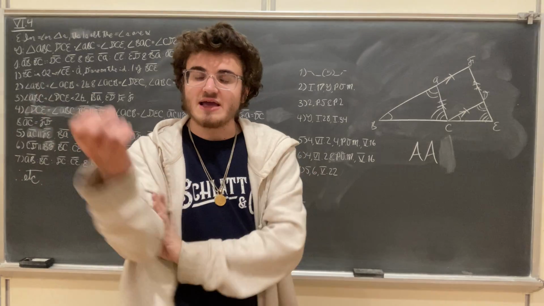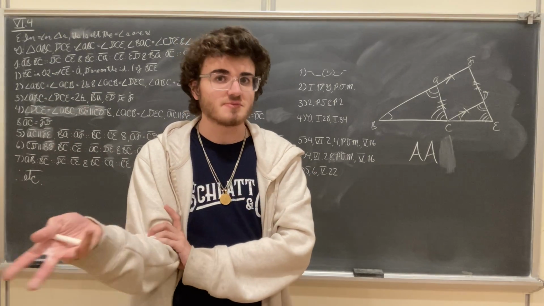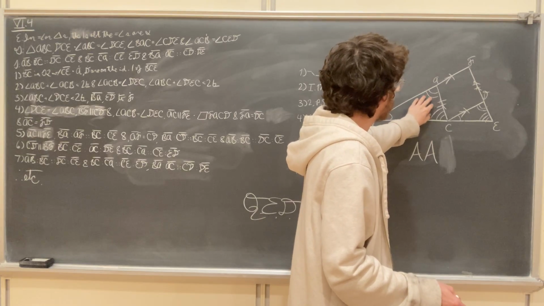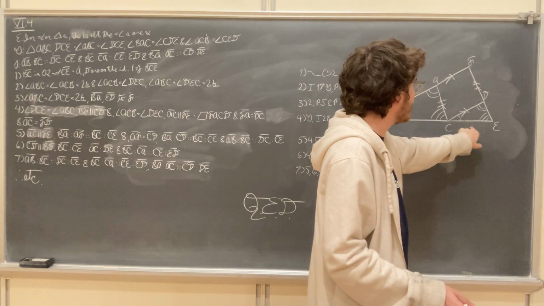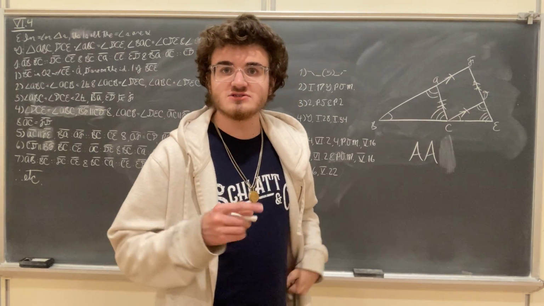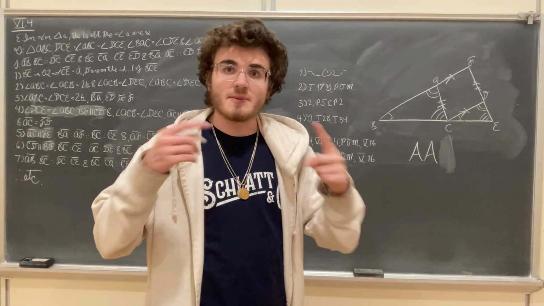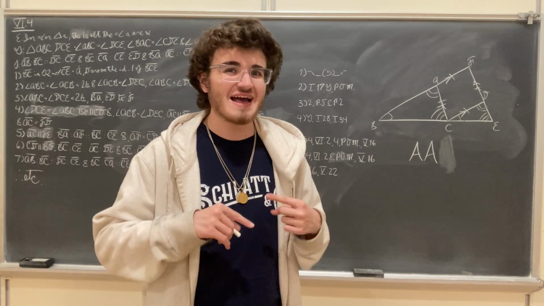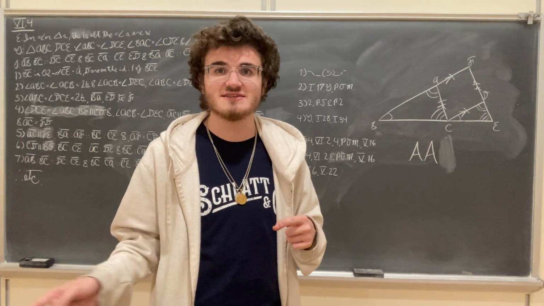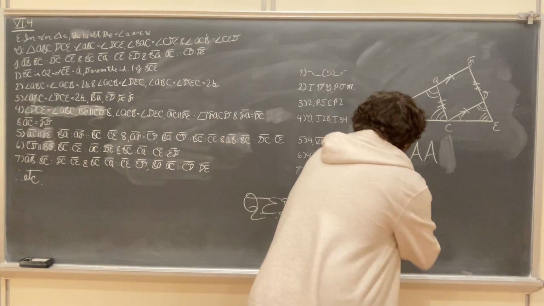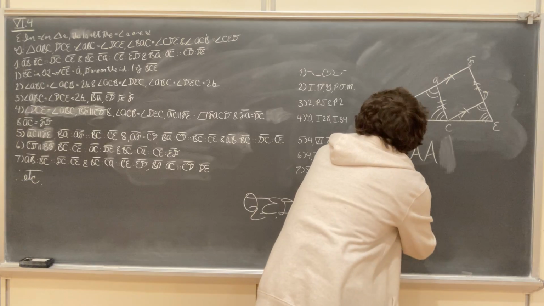Because we know that the 3 angles of any triangle have to add up to 2 right angles, which means that the sum of the interior angles of the triangle ABC is equal to the sum of the interior angles of the triangle DCE. And if we have 2 of the angles equal to 2 of the angles, then by common notion 3, if we subtract those 2 equal angles from both sides, then the remaining angle is going to be equal.